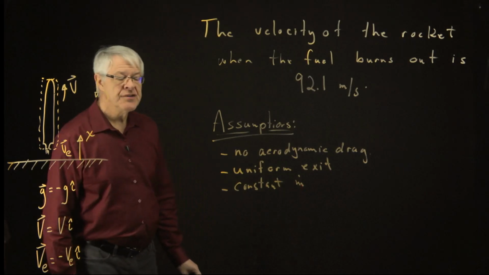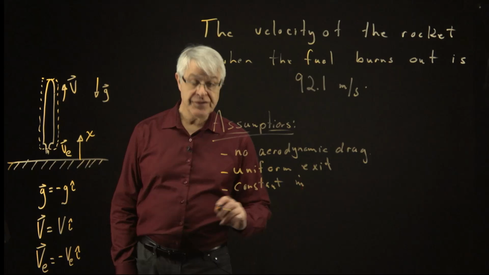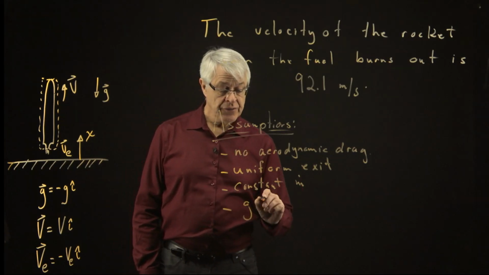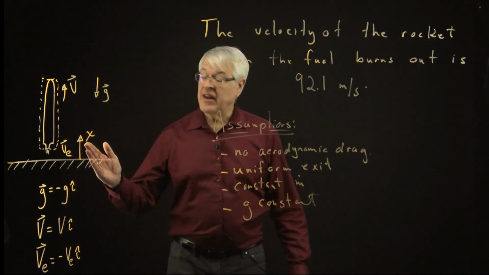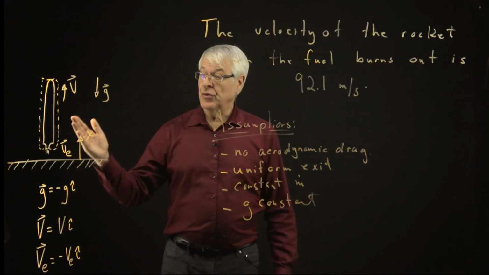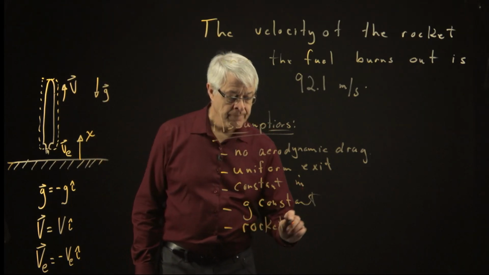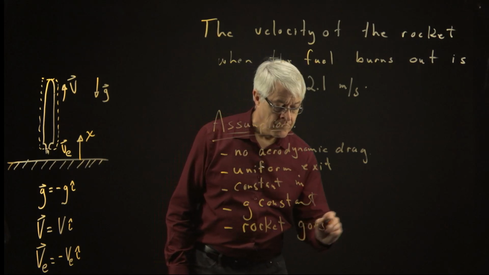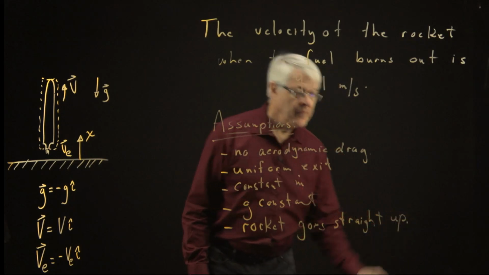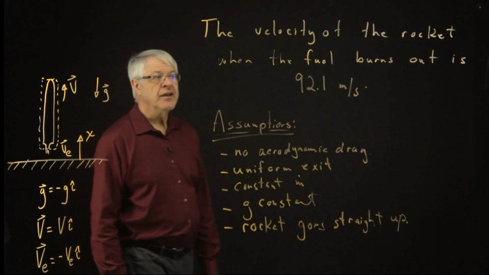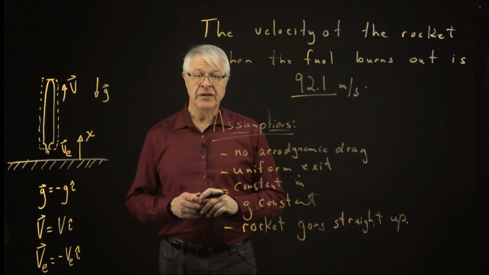Also, acceleration due to gravity is constant. We just left that as a constant, 9.81, so g is constant. And the other assumption we made is that everything happened in the x direction. In other words, the rocket traveled straight up. Those are the assumptions we made along the way. So our final answer, 92.1 meters per second, is how fast this will be traveling when the fuel burns out.